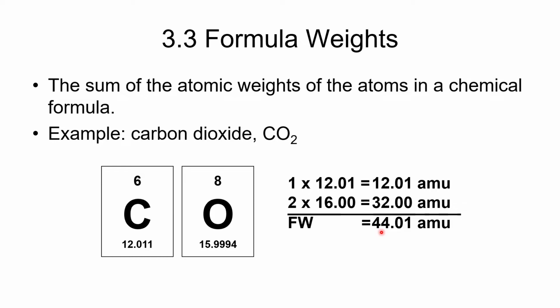So keep that in mind, that these are average masses, not the exact mass of the molecule. That said, for the vast majority of our calculations, that 44.01 is going to be exactly what we want. In some situations, again, 44 is good enough. But in other situations, we'll want that extra precision. So typically, I recommend going to the hundredths place.